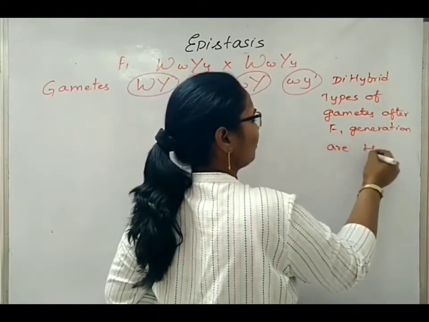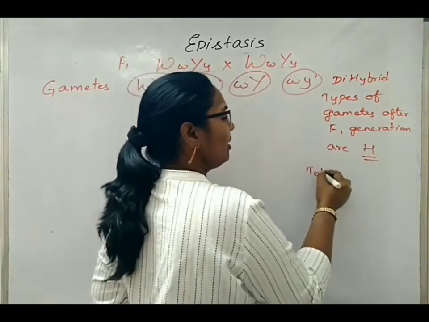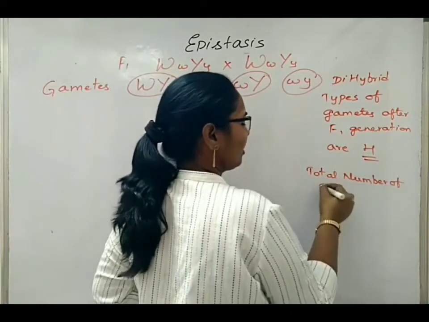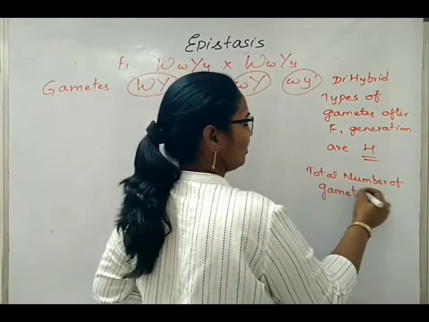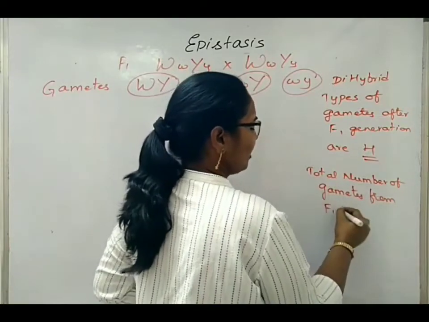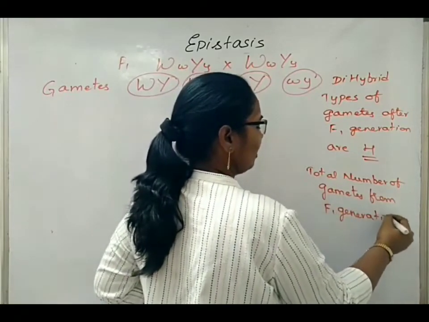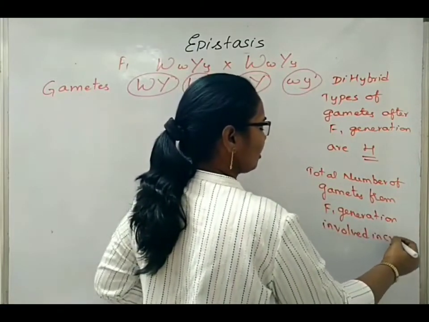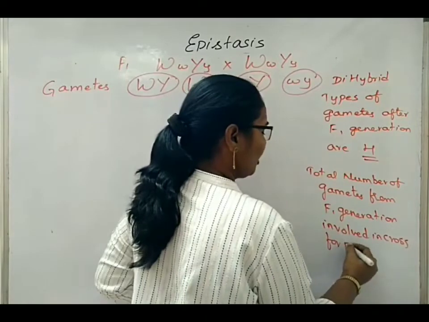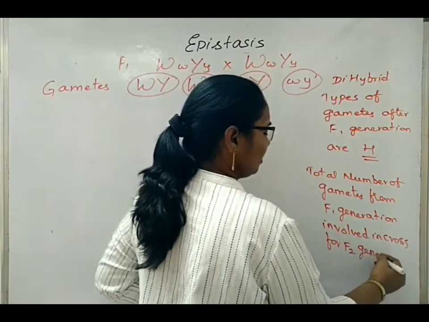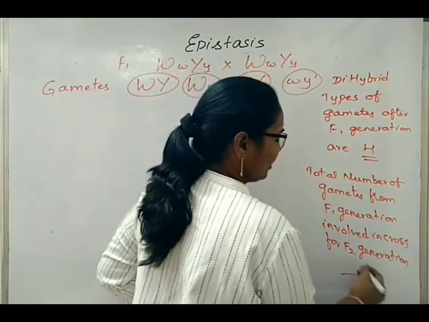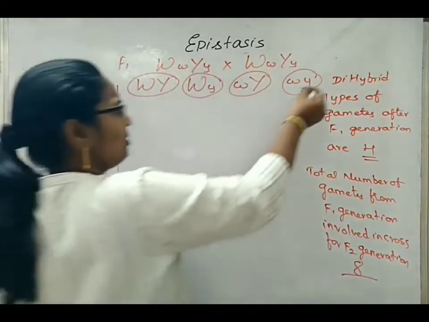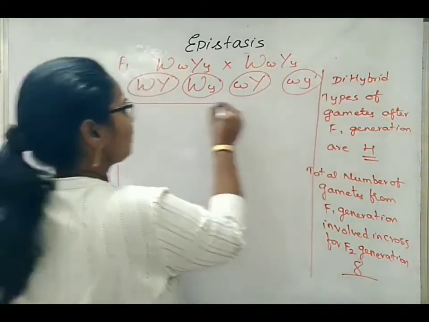are 4. Now, the total number of gametes from the F1 generation involved in the cross for the F2 generation. Answer is 8. Now, I am going to represent this directly in the Punnett square.